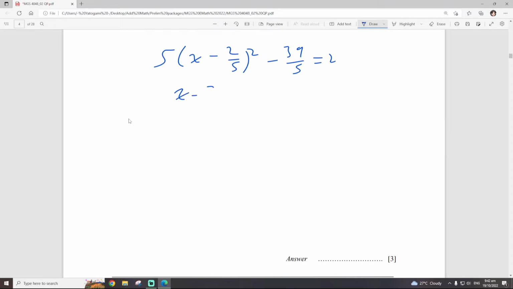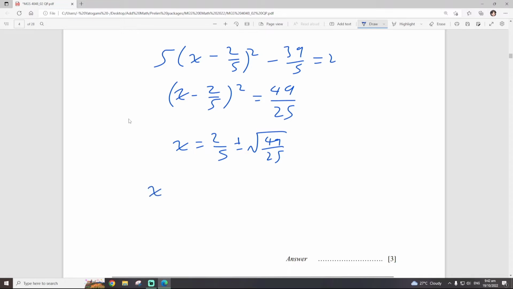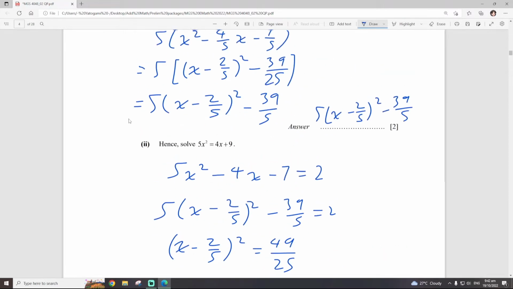So x minus 2 over 5 squared is 49 over 25. So therefore x is equal to 2 over 5 plus or minus the square root of 49 over 25, which is 7 over 5. If I take the plus, I get x equals 9 over 5, or x equals -1. Okay? So we get x equals 9 over 5, or x equals -1. Okay?